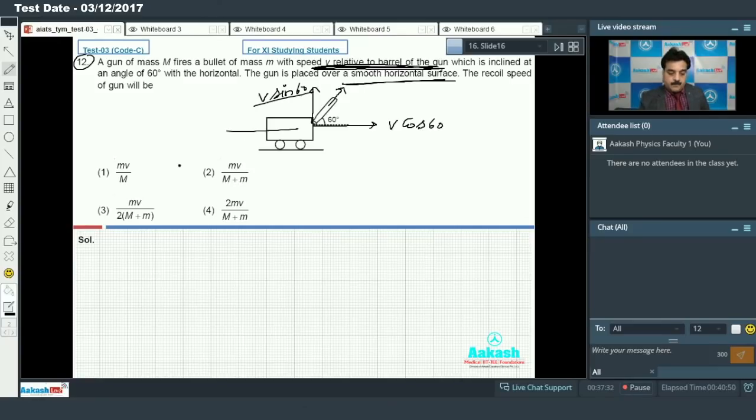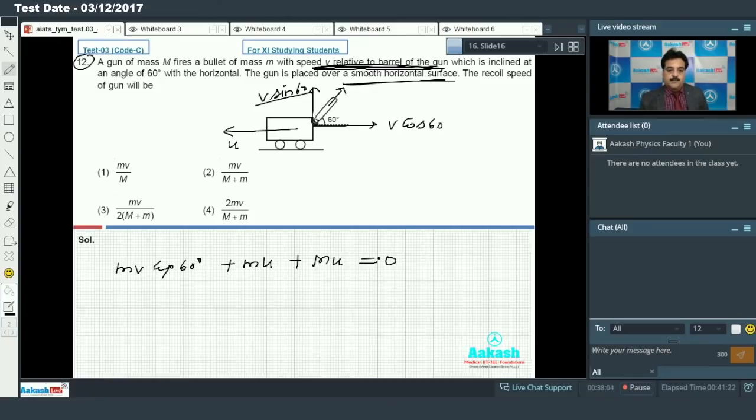If I consider u as the recoil speed, then going for the law of conservation of linear momentum, before firing there is no momentum, so we'll write m v cos 60 plus M u, that is equal to 0.